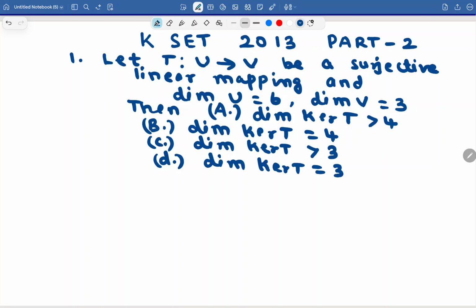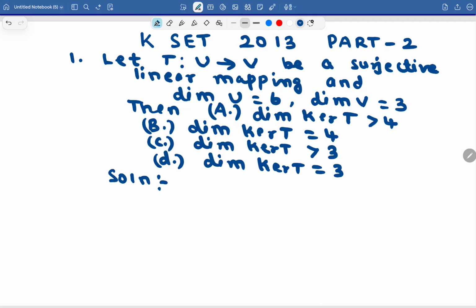Here in this problem, T is given as a surjective linear map from U to V with dimension of U is 6 and dimension of V is 3. Then we have to check which option is the correct option for this surjective linear mapping problem.